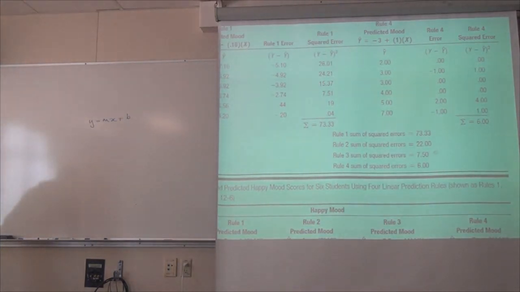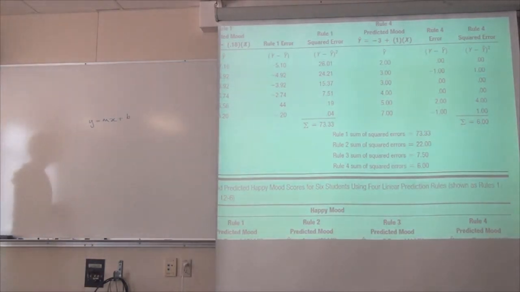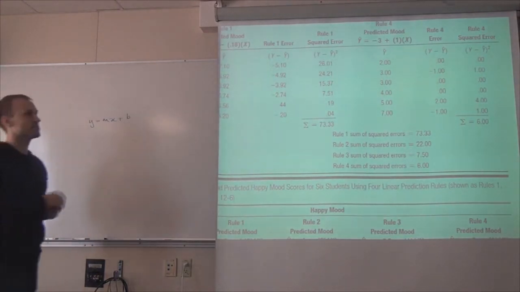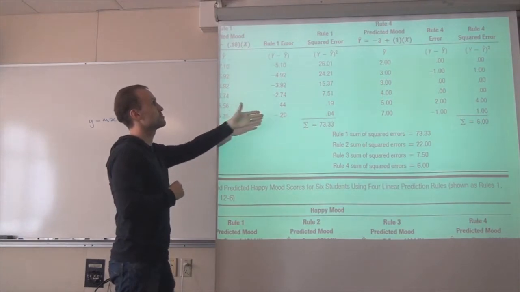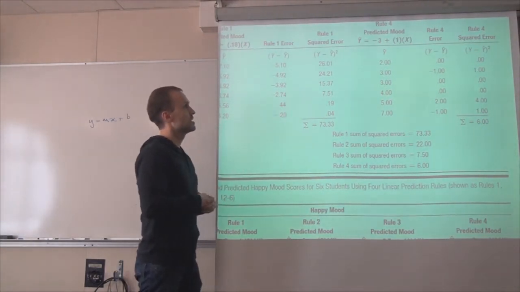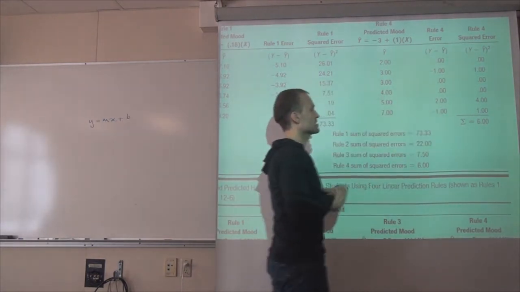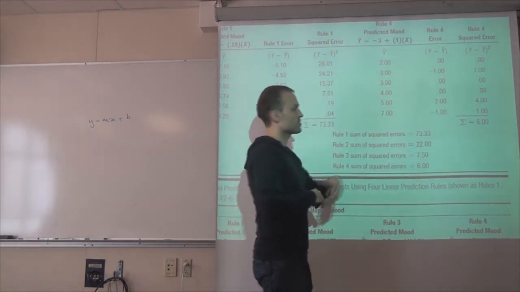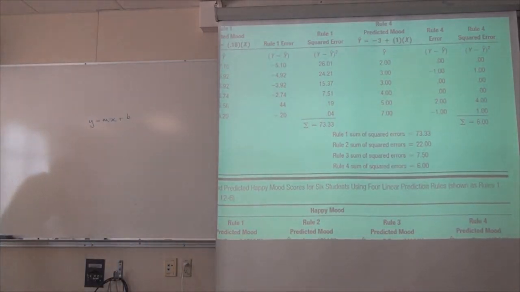So that would be a good indication of how accurate a prediction it is overall for the sample values that I have. By looking at the little differences between the actual values and the prediction values according to the rule, squaring those differences to not risk any cancellation, and then looking at that number to see which one is better.